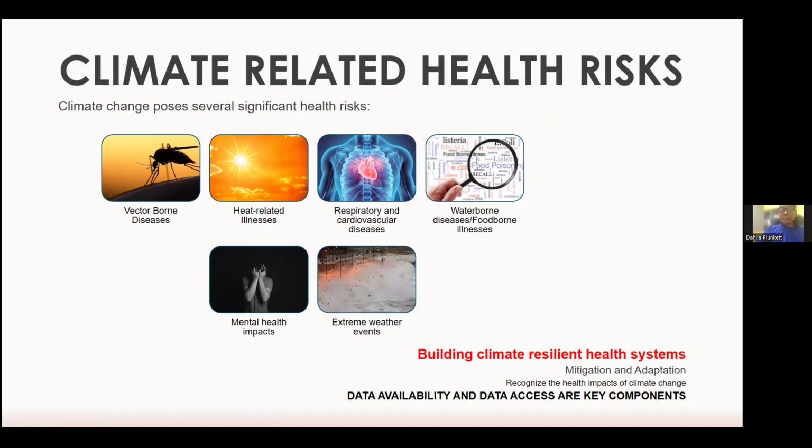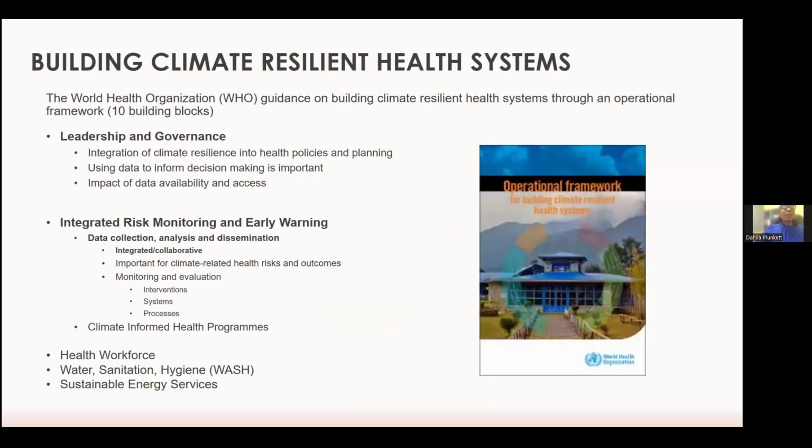And because of these risks, there is a need for building climate resilient health systems. And as such, we're able to mitigate and adapt better. It also allows us to recognize the health impacts of climate change more readily as we go forward. And a key component of that is data availability and data access going forward.